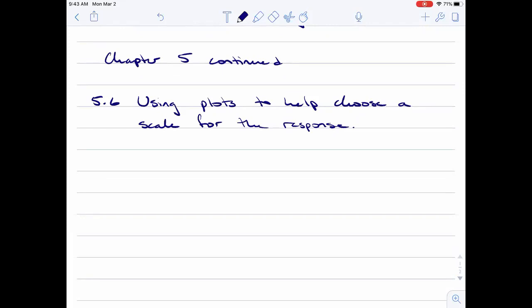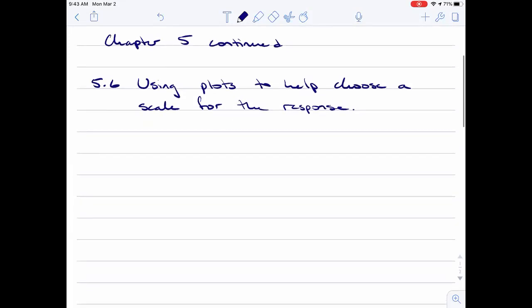So far we've said, if I'm in an Anova situation, I've got a numerical response and one categorical predictor or explanatory variable, then I'm in an Anova situation. And so what we do is make side-by-side box plots, just to see what this data looks like.